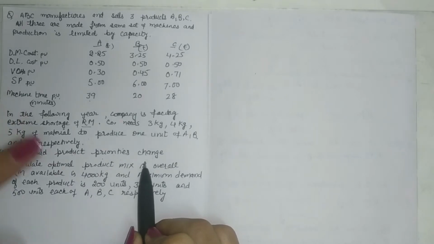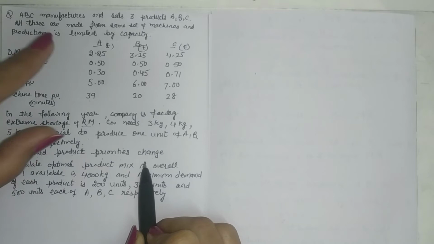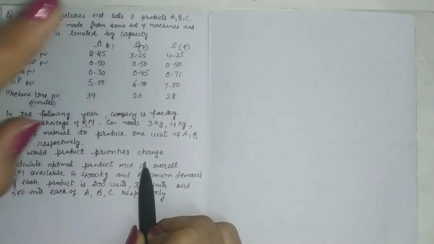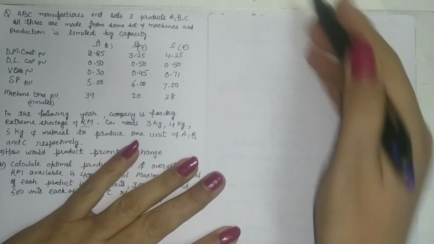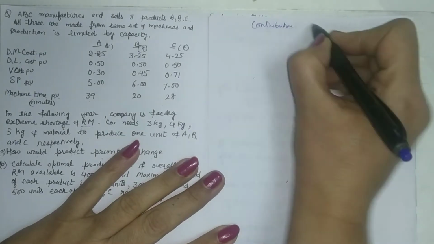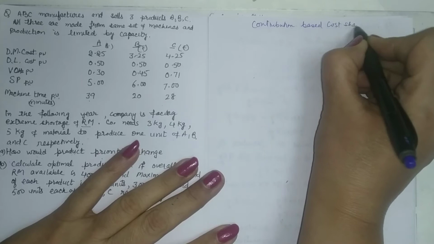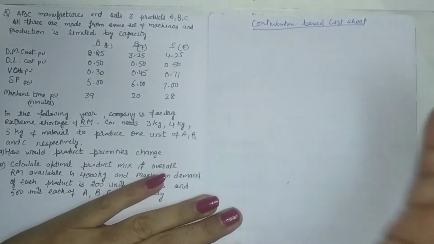That means we are to compare the scenario. So you are to give the rank order for the present scenario, that is machine hours when they are limited, and secondly when the raw material is in shortage. So we'll simply make a table making calculations of contribution, because what we need is contribution only.